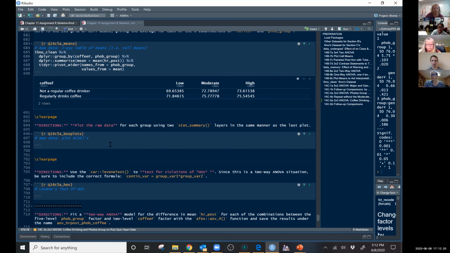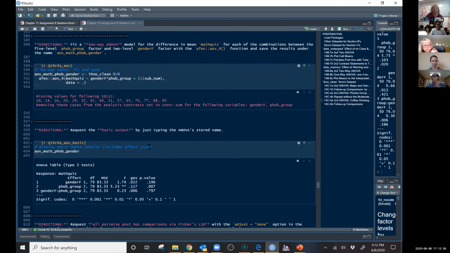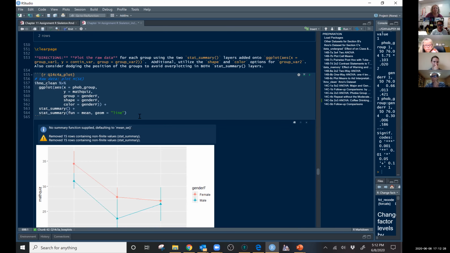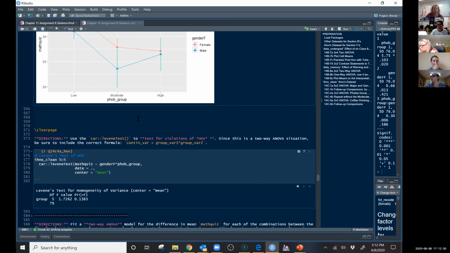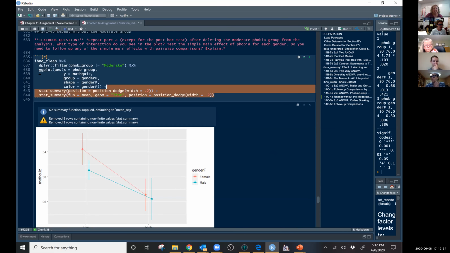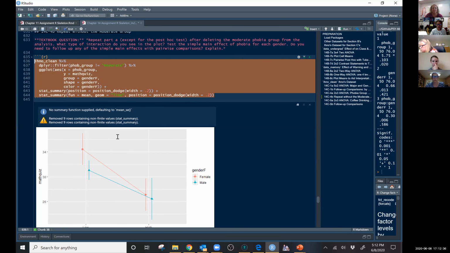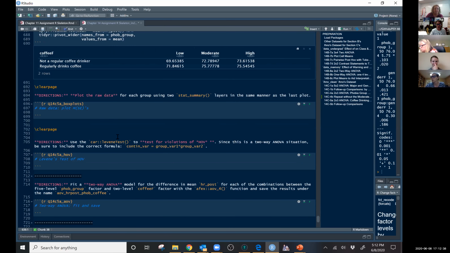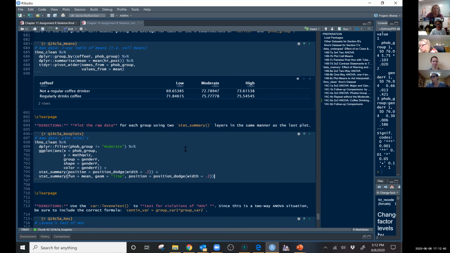So the first thing we're going to do is make a plot. I'm going to go back and grab this plot that we did up here, the position dodge one, because that's fancy. But I don't need to remove the middle phobia group.